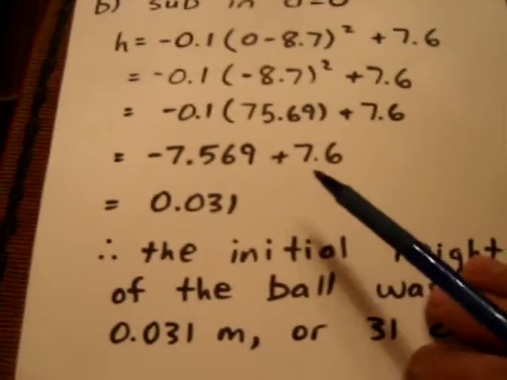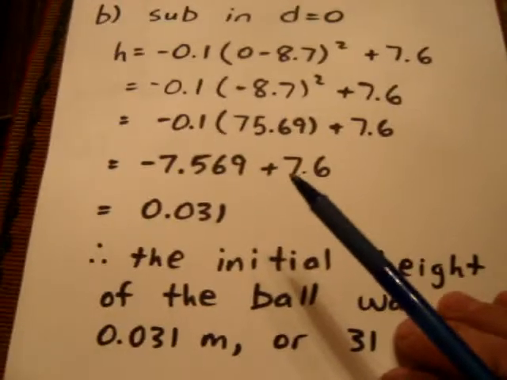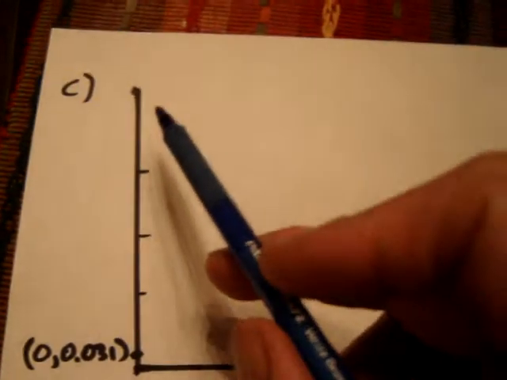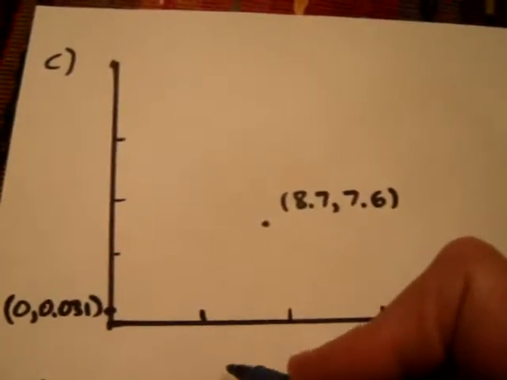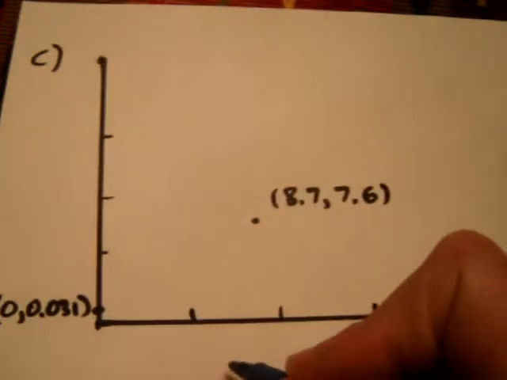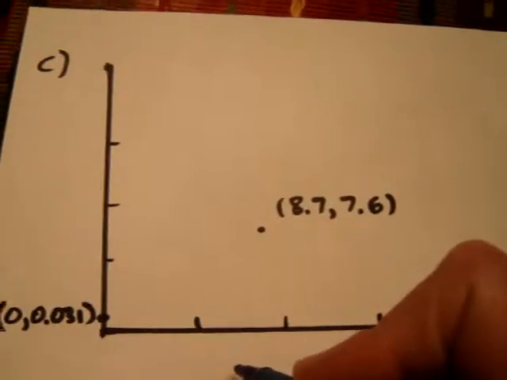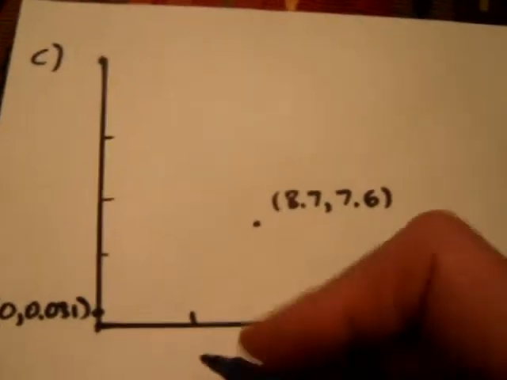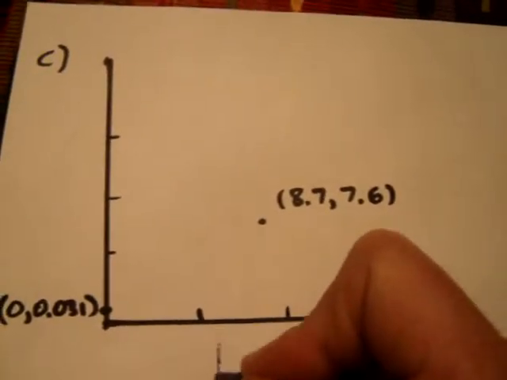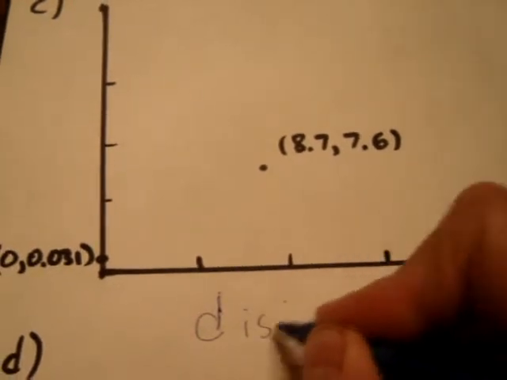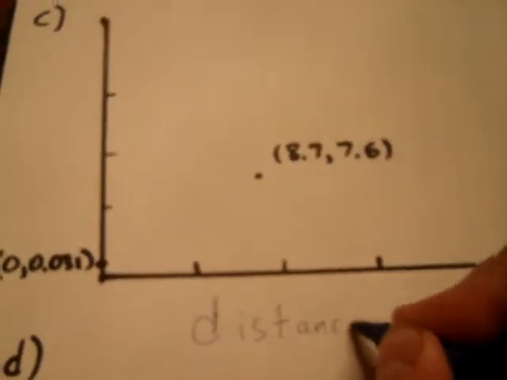The next part, part C, says sketch a graph of the football's path. Well, what we do is we draw a y-axis and an x-axis, and we know that we have to put our independent variable, or in other words, the variable that's in the place where the x would normally go, along the horizontal axis. In this case, that variable is d for distance in meters.